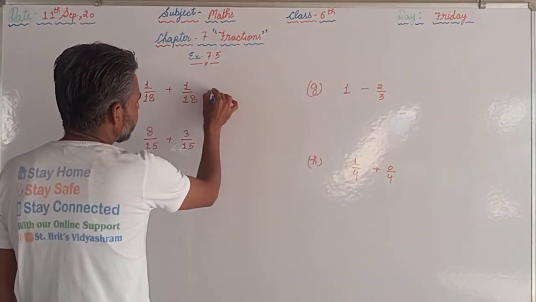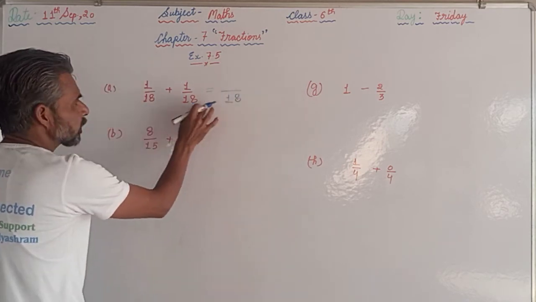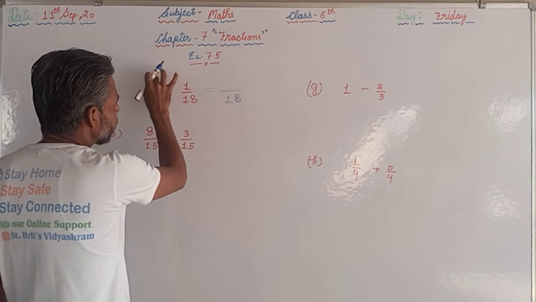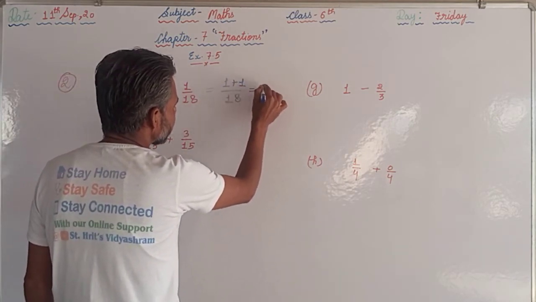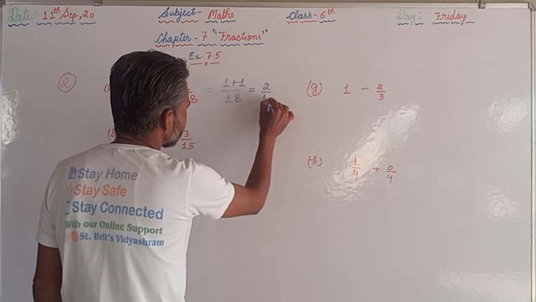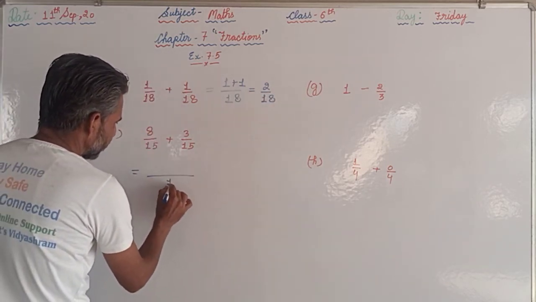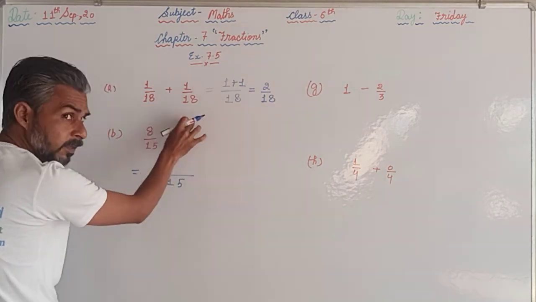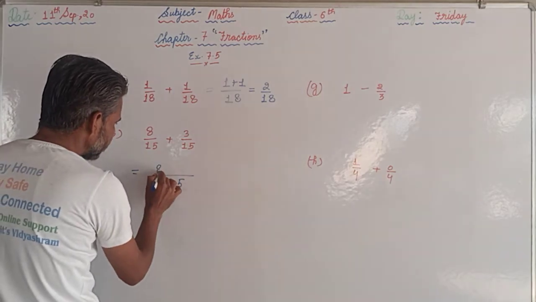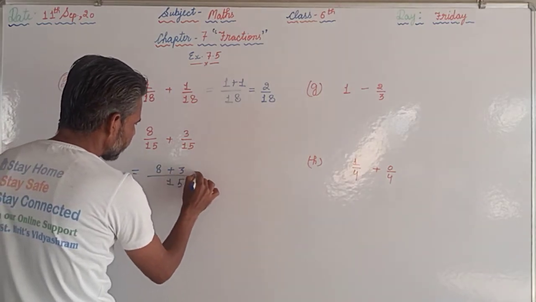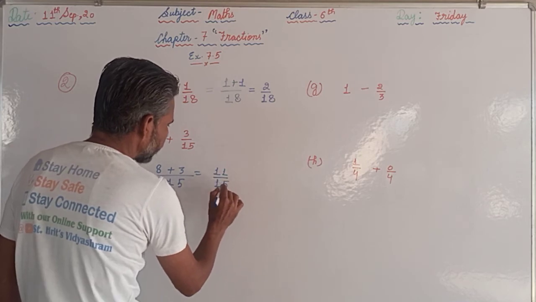So what we will do, the denominator will be same, that is 18, and we have to add the numerators, that is 1 plus 1, 2 upon 18. Here again the denominator is same 15, we have to add the numerators, 8 plus 3, that is 11 upon 15.